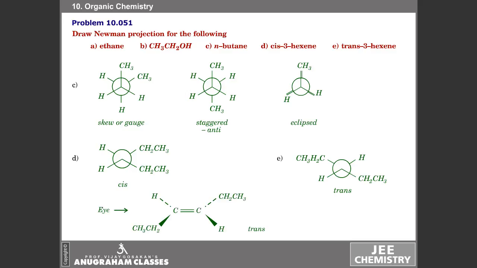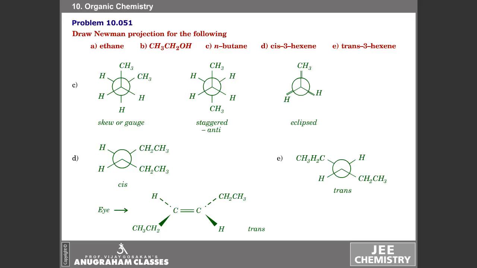We look through one carbon in such a way that the two carbons are all in the same line. This way we are able to write the Newman projections for the cis and the trans forms.